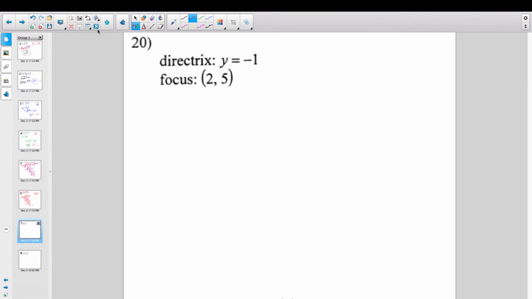Okay, so vertex form, that's this. Let's remember that. Vertex form looks like x minus h squared equals 4p times y minus k, not squared. H and k are your vertex.